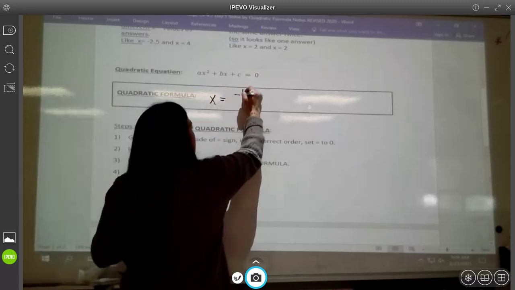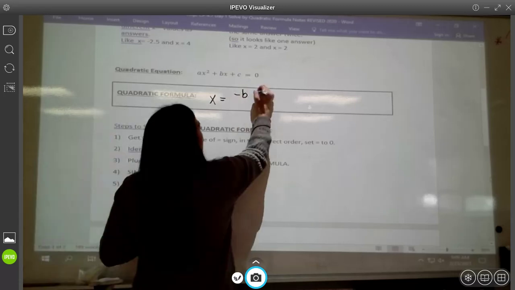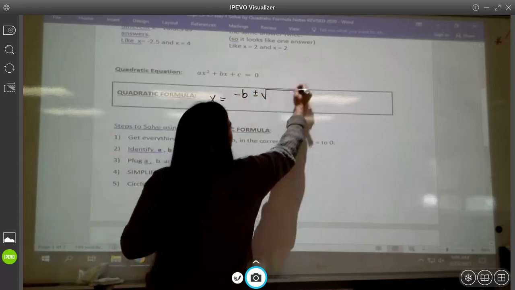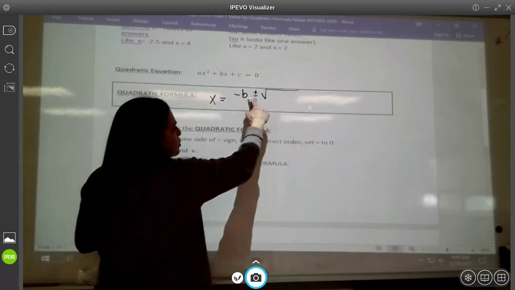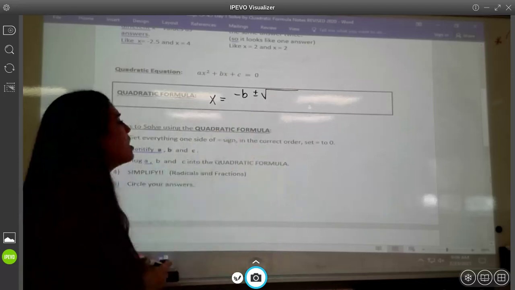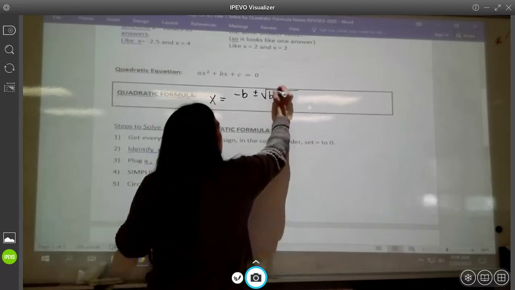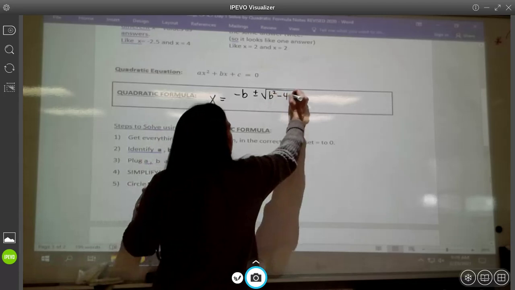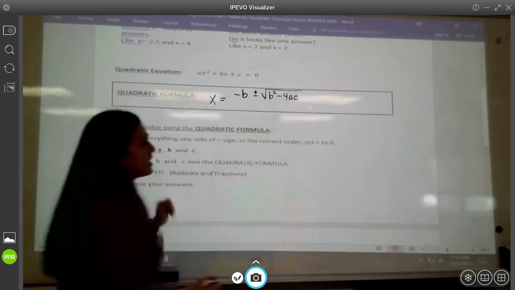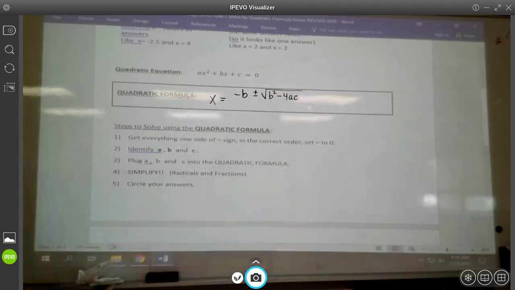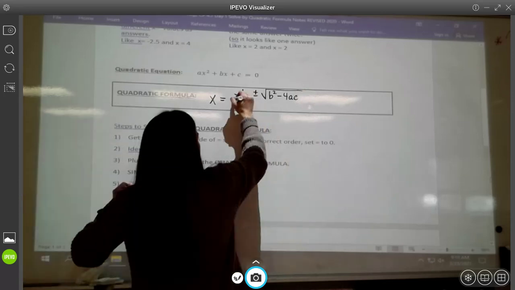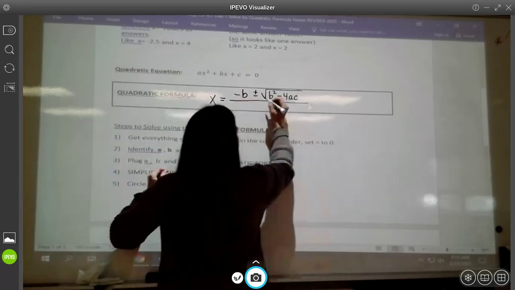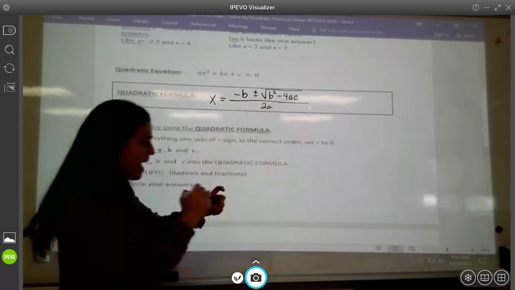The opposite of b plus or minus the square root, they've already got the plus or minus of that square root built into the formula, of b squared minus 4 times a times c. All of that is underneath the square root. And then the entire right side of the equal sign gets divided by 2 times a.